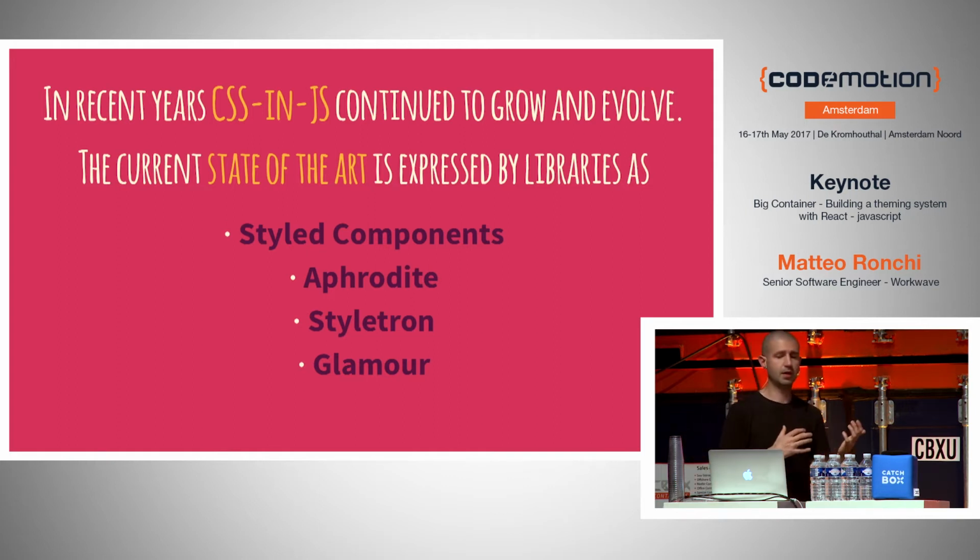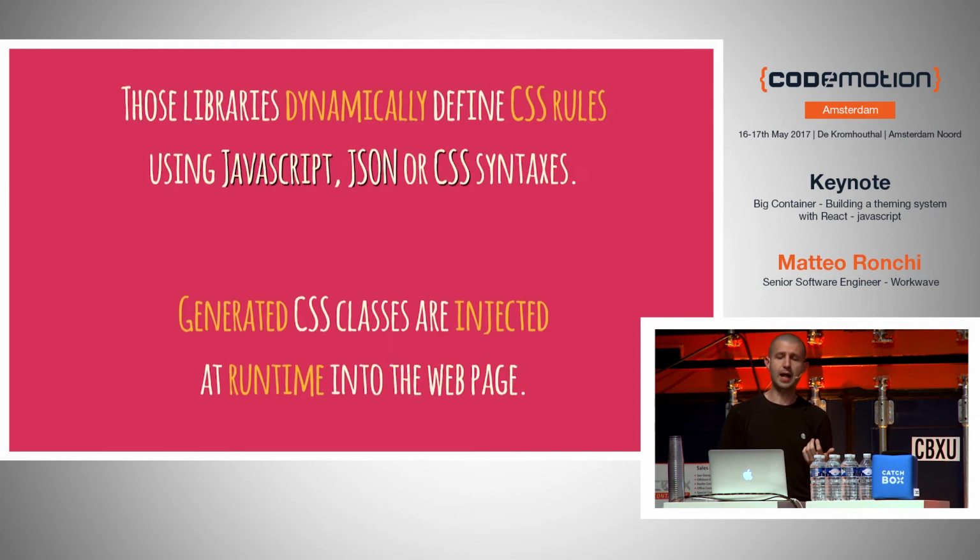And all of those libraries allow us to write plain JavaScript objects and get in the browser real CSS with media queries, pseudo elements, and whatever we need from real CSS.